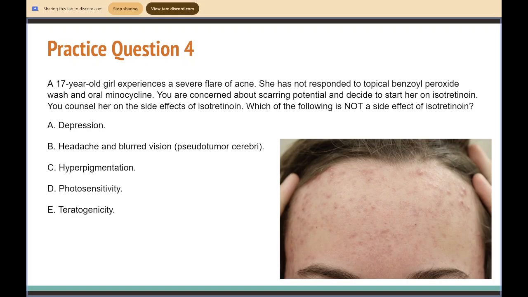All right. So the correct answer here is going to be choice C, hyperpigmentation. Teratogenicity is an adverse effect. Mood changes, so choice A is also a side effect.